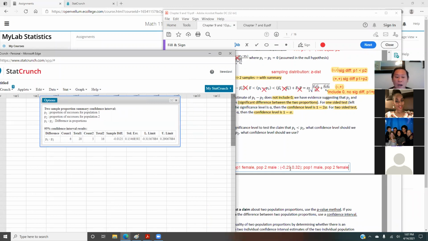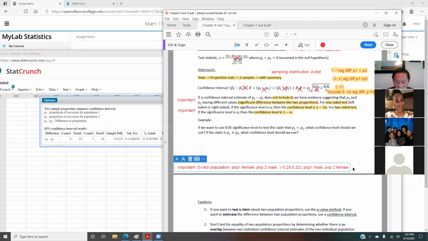That means it will be 0.32 and negative 0.29. So you have to switch your 2 numbers around, and also your sign will be switched. The 0.32 used to be positive, now it is negative. And the 0.29 used to be negative, now it is positive.